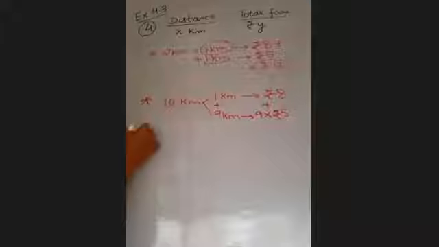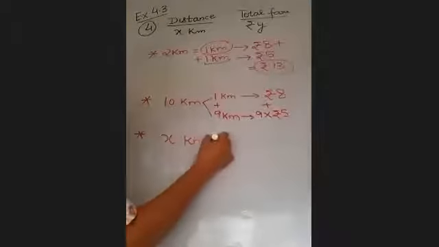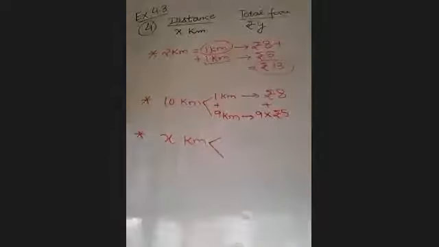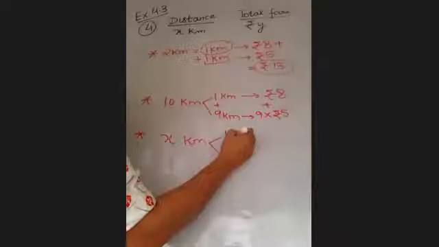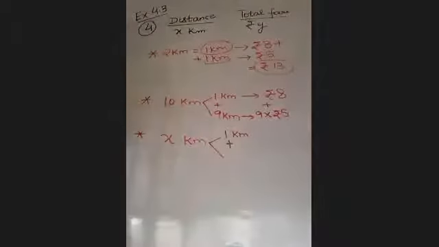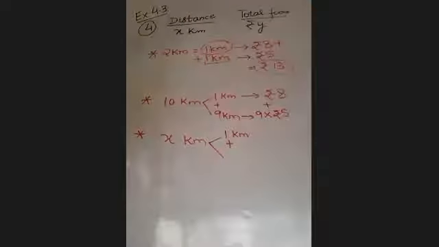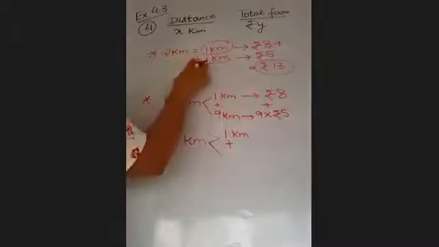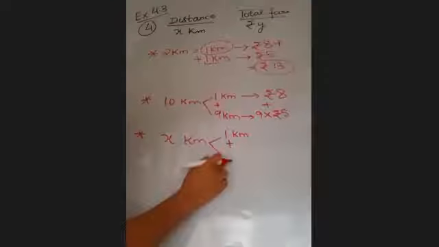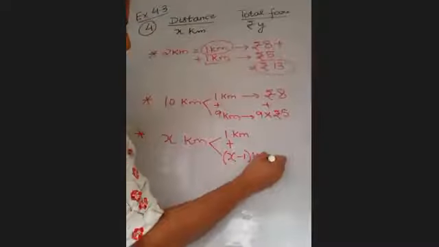Now the question arises for X kilometer. How will we divide this X kilometer? Should it be 1 kilometer plus what? That is the question. Should it be X minus 1?